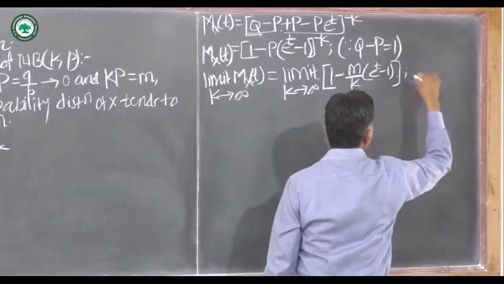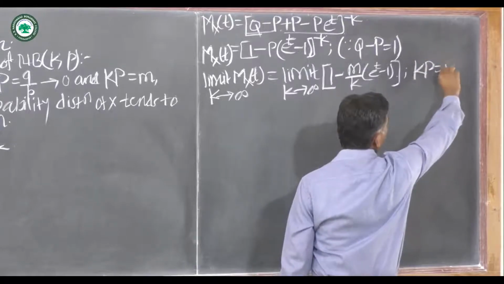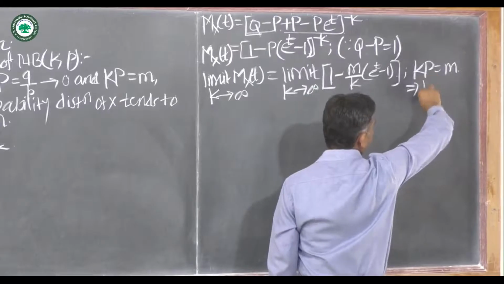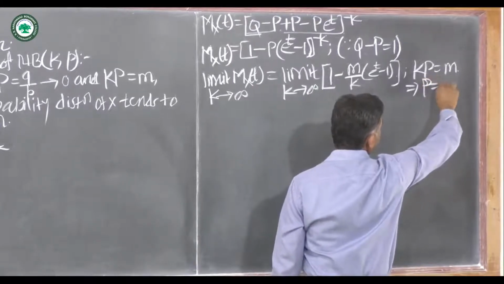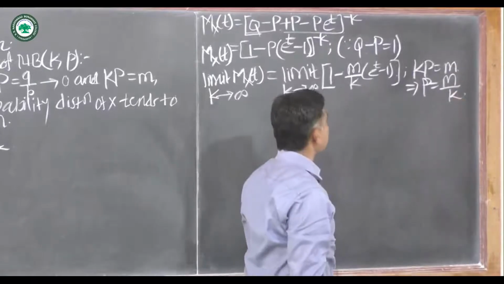In this statement it is given that k into P is equal to m. This implies that P is equal to m upon k.